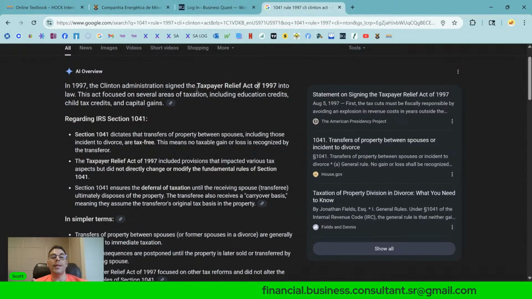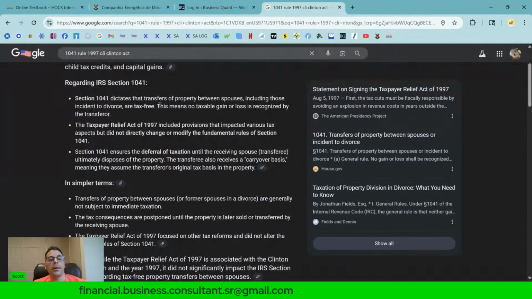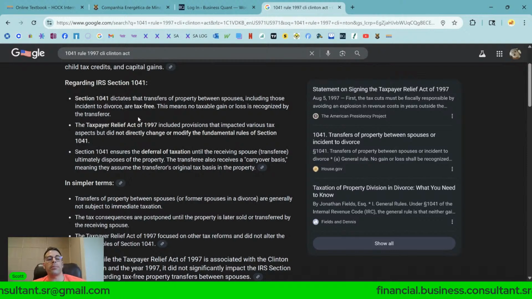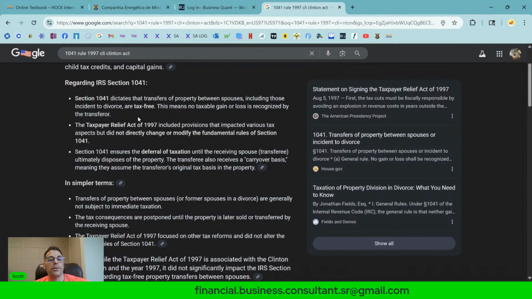So he's providing relief to taxpayers. Section 1041 dictates that transfers of property between spouses, including those incident to divorce, are tax free.